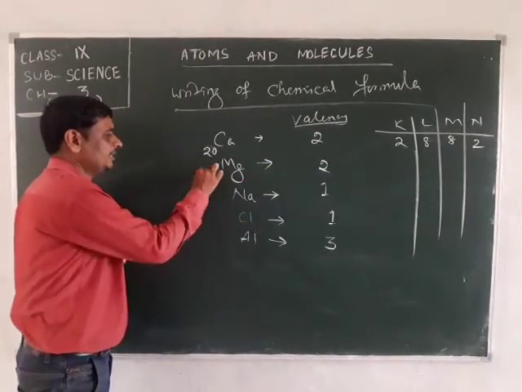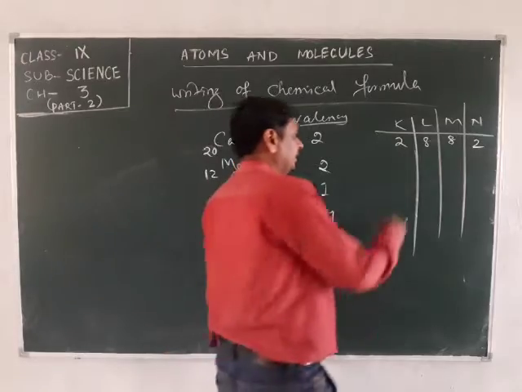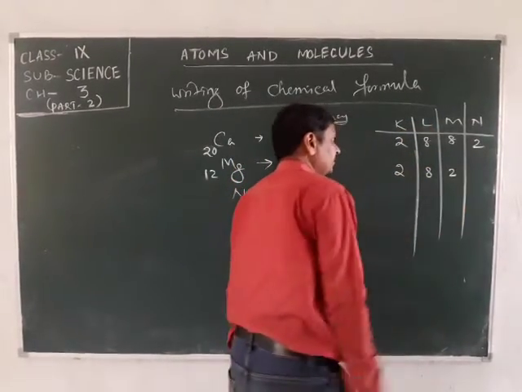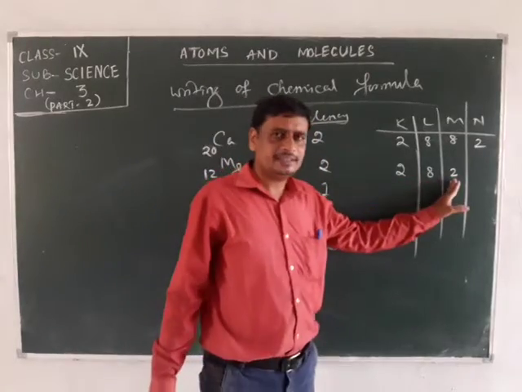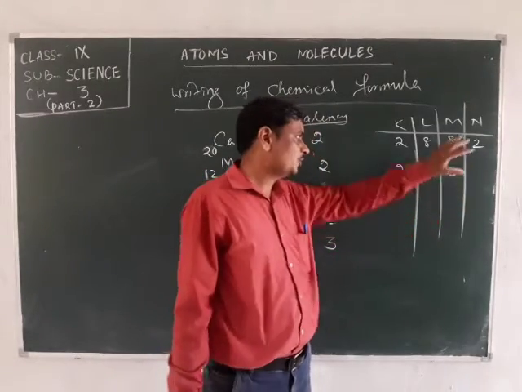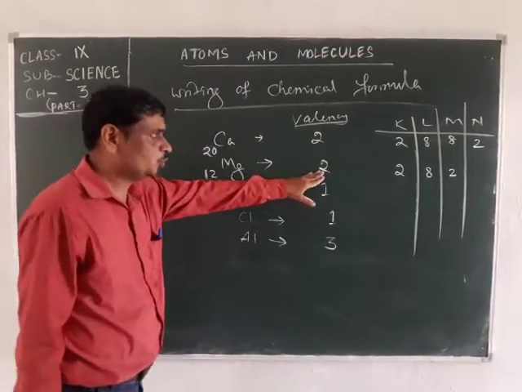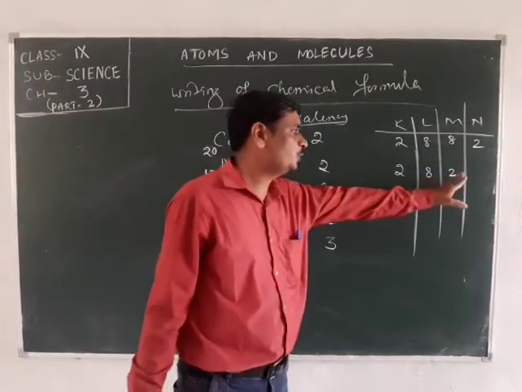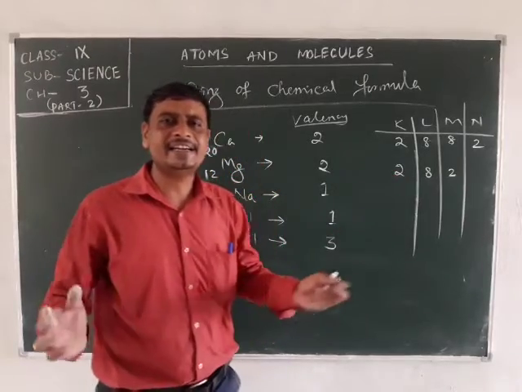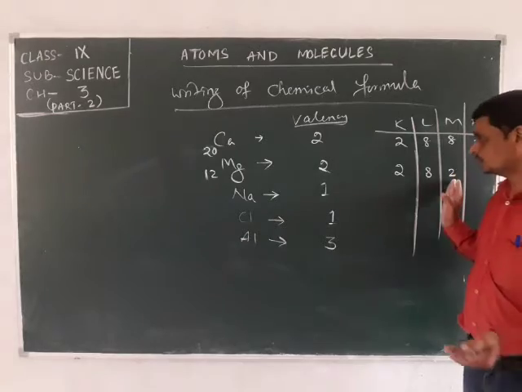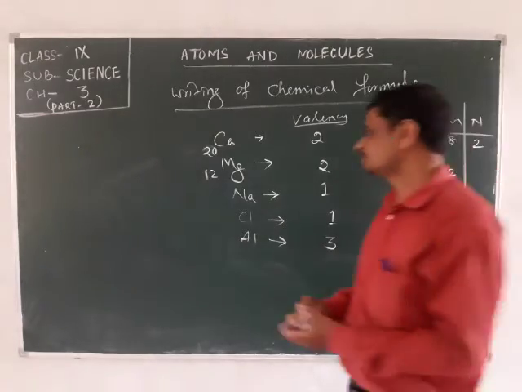Magnesium, atomic number 12, has the configuration 2, 8, 2. In the last orbit there are just 2 electrons, so it will donate 2 electrons, and its valency is 2. It can combine with 2 different monovalent atoms, so valency becomes 2.